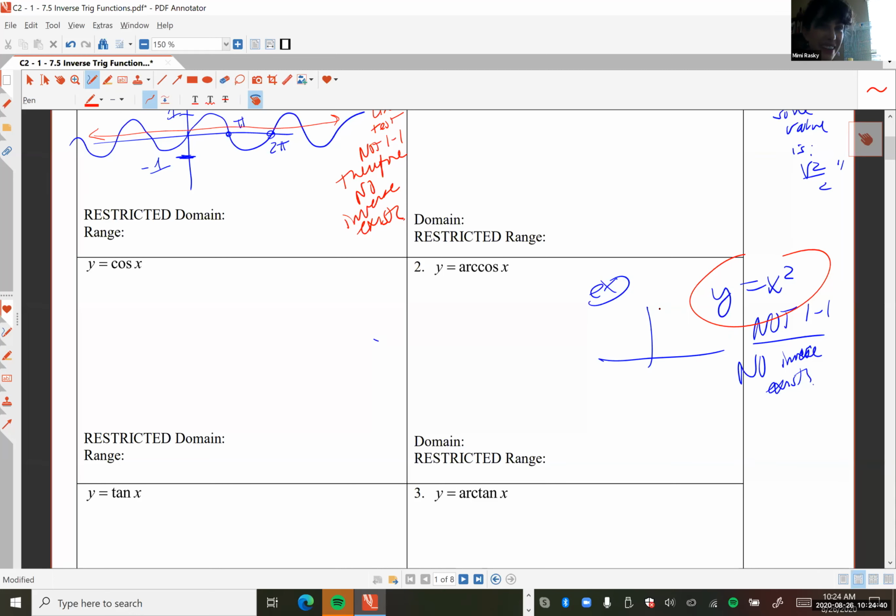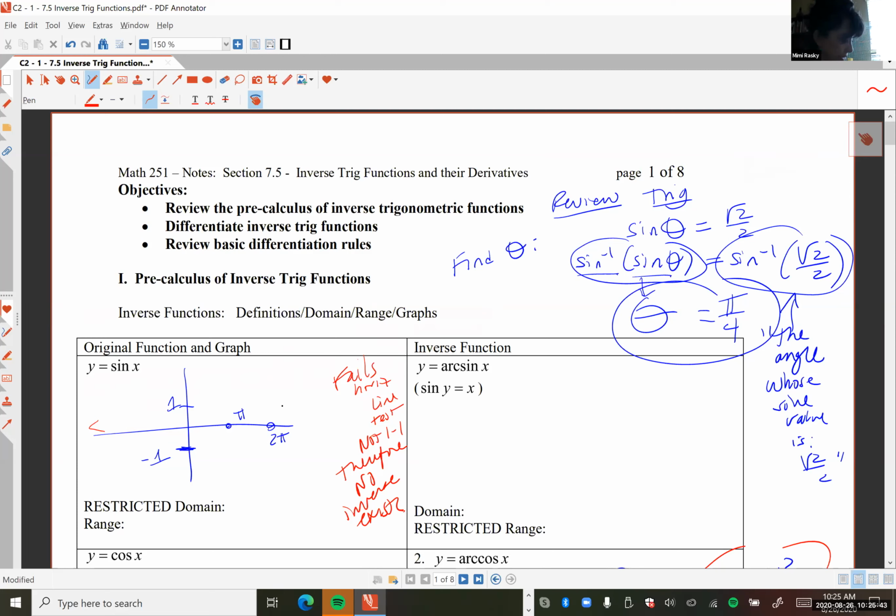So what we do to the sine function, people, is we're going to erase a bunch of it, because keeping the entire wave, it ain't passing no horizontal line test. Part of the sine function we keep, we're only going to keep the part between negative pi halves and positive pi halves. Okay, well, how come?